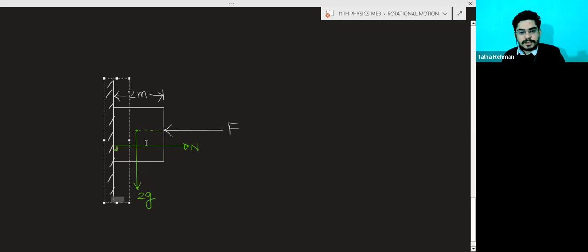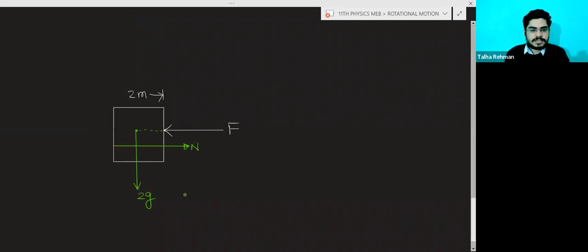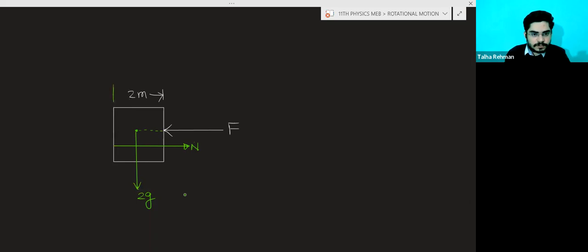Thus, this block will have the tendency to move in this direction. The friction force will be in upward direction. Okay, so friction force will be like this, tangentially. In this direction, there will be the friction force here.